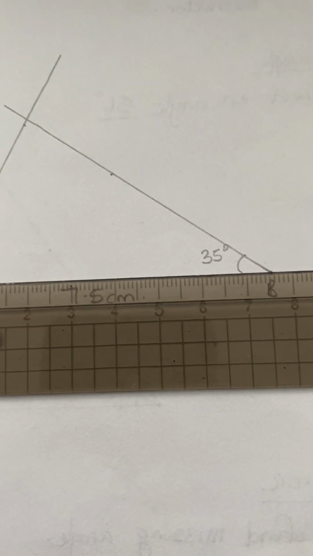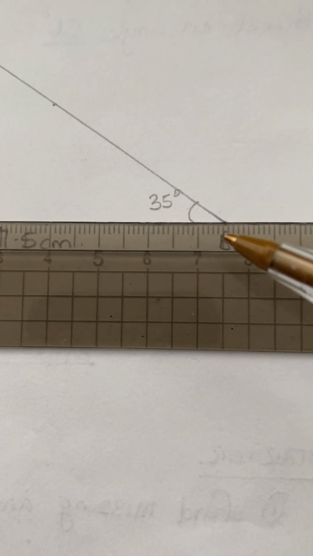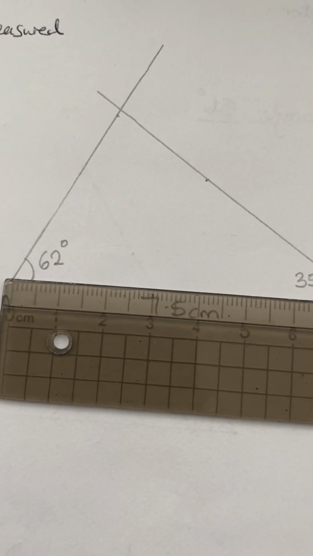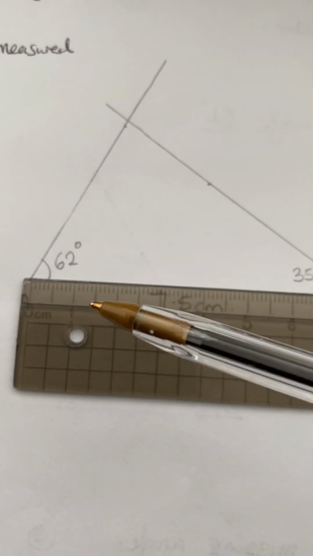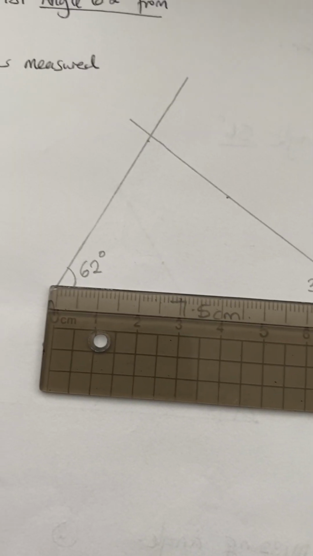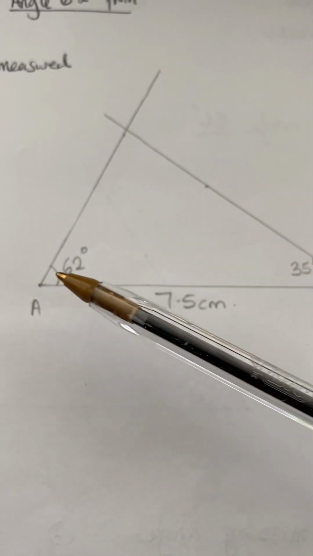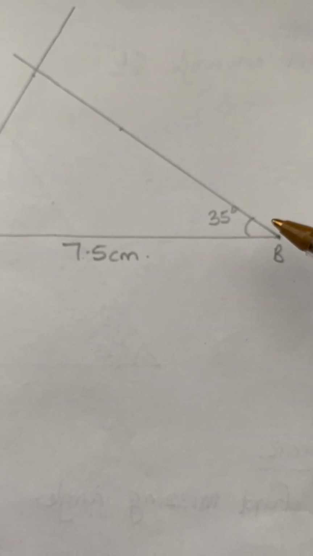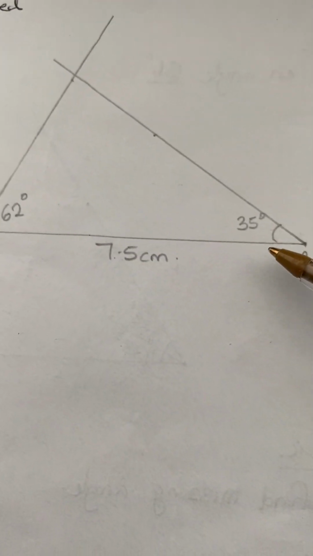So if you can see, that is my 0 mark, and that's my 7.5 centimeter mark. Okay, you will not be videoing yourself, so you'll be accurate. I did this before I came, so I've measured. Now, at the end of these 2 lines, that is my point, and that is my point. I've labeled it A and B.